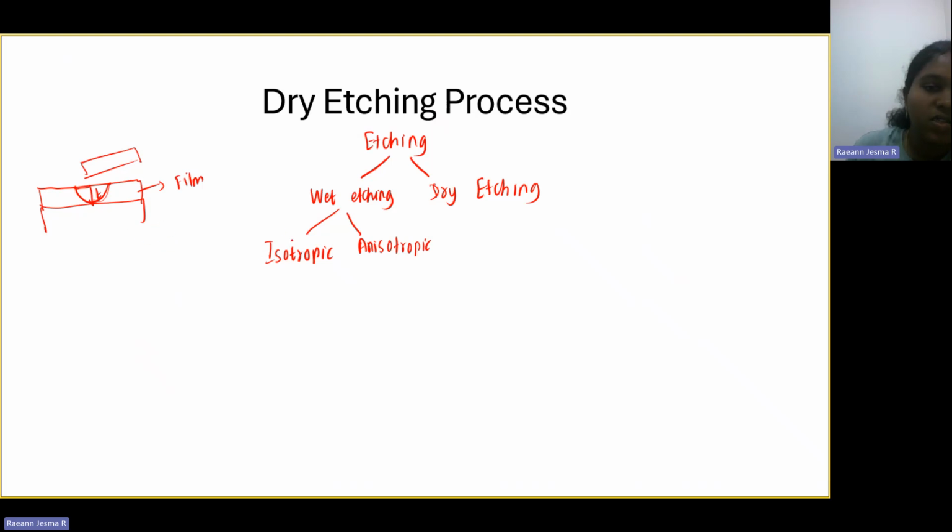If you are trying to etch your silicon with either KOH or TMAH, which are alkaline based etching solutions, then depending on which surface your alkaline solution sees, the etch rate will be different.